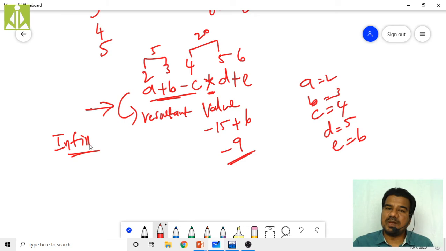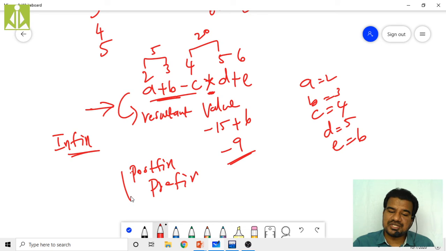Human beings understand infix expressions and can evaluate them very easily, because they have visual power and intellectual power. But for a computer, it is very difficult to understand and evaluate an infix expression. So that is the reason why we go for either postfix or prefix form of expression.